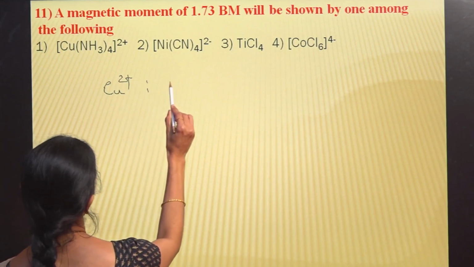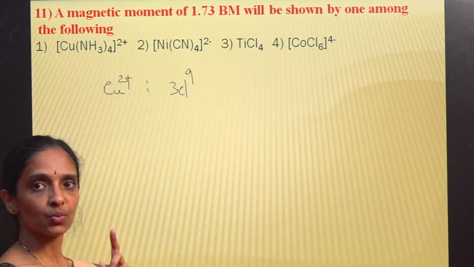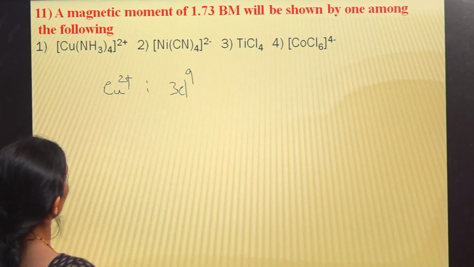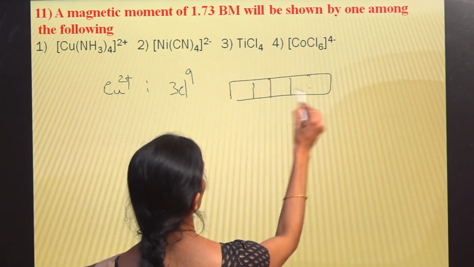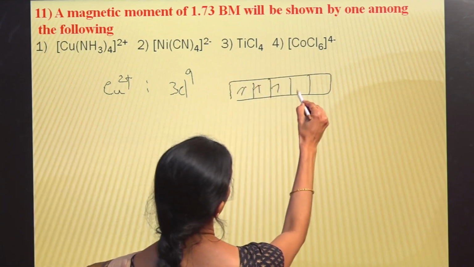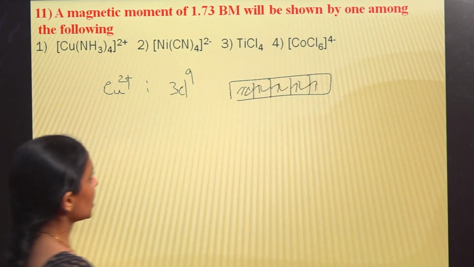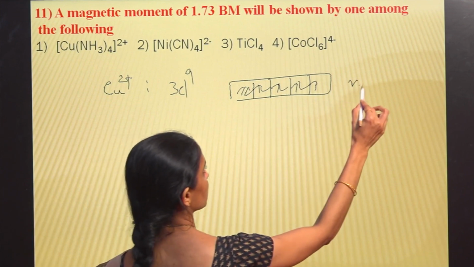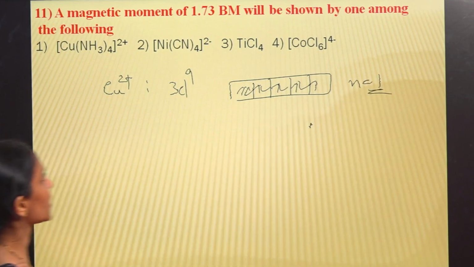The configuration is 3d9. Copper is 3d10 4s1, Cu2+ becomes 3d9. 3d9 is this. How many unpaired electrons are there? There is 1. Only this is unpaired.